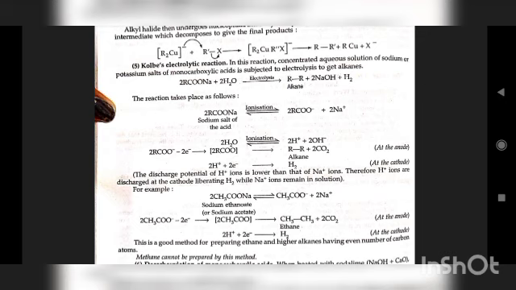The discharge potential of H positive ions is lower than that of Na positive ion. Therefore, H positive ions are discharged at the cathode, liberating H2, while Na positive ions remain in solution.